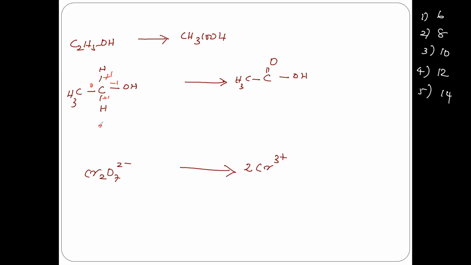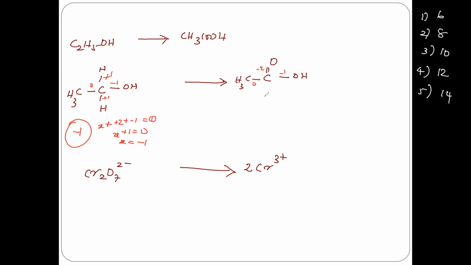So for carbon, X plus 2 plus -1, your answer is X plus 1 equals 0. So therefore, your X is equal to -1. This carbon charge is -1, right?